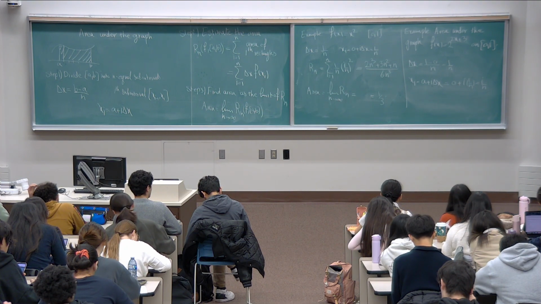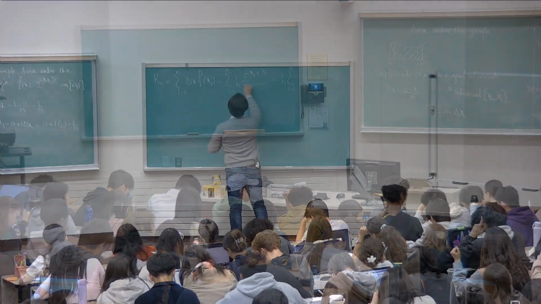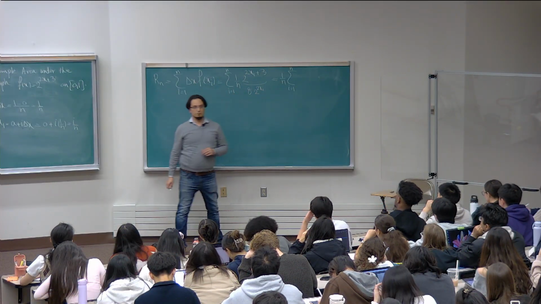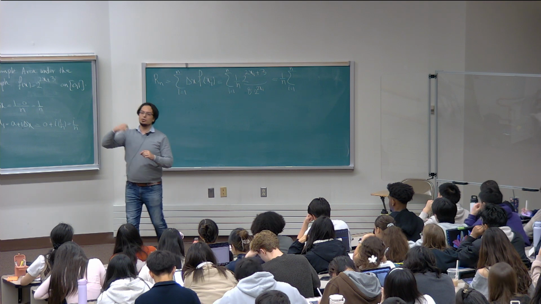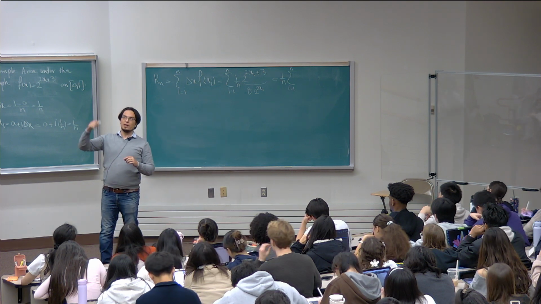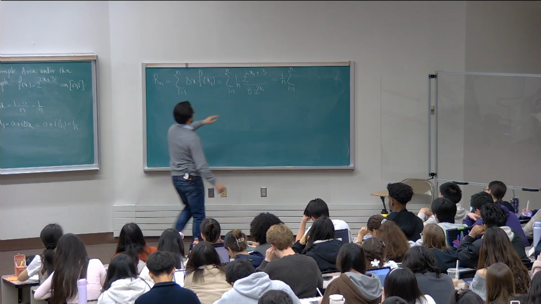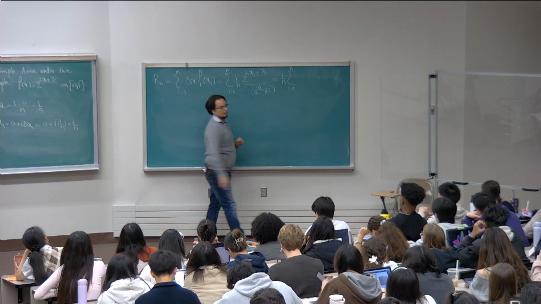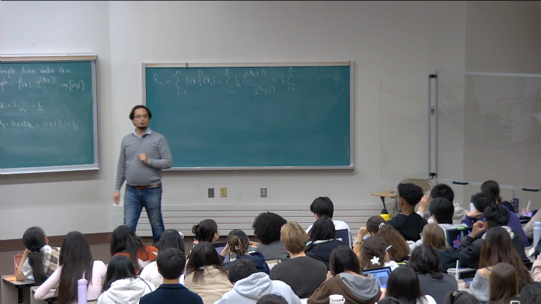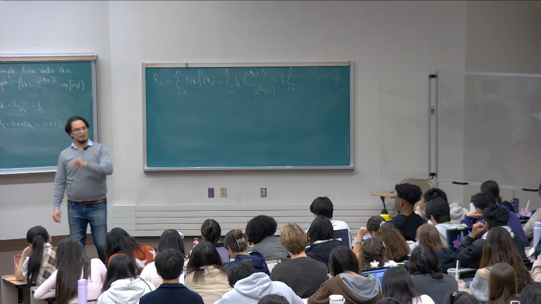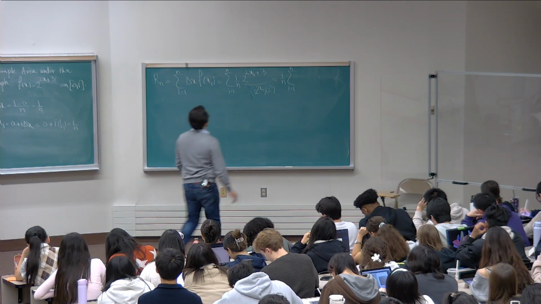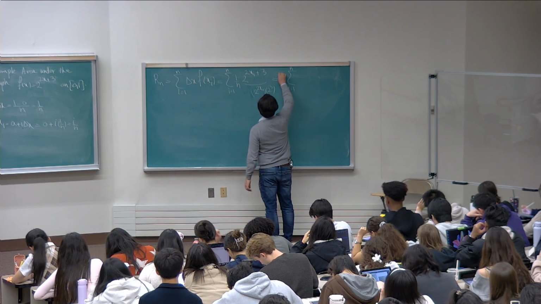Also, I can write 2 to the power 2xi plus 3 as 2 to the power 2xi times 2 to the power 3. And 2 to the power 3 is 8, and that's another constant. I can put it out.